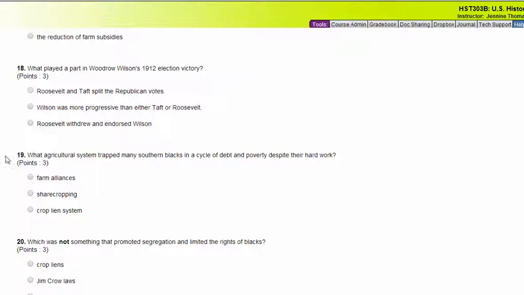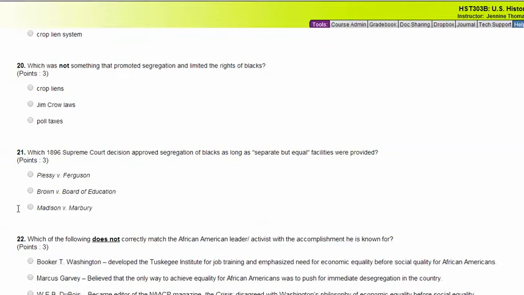Number 19, what agricultural system trapped many Southern blacks in a cycle of debt and poverty despite their hard work? Farm alliances, sharecropping, or cropland system? Number 20, which was not something that promoted segregation and limited the rights of blacks?